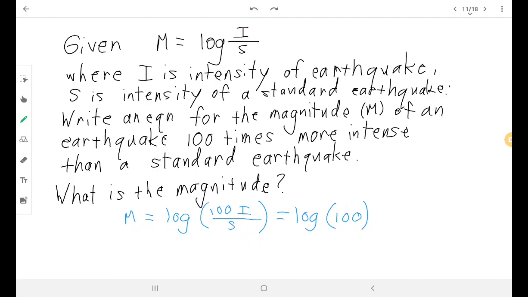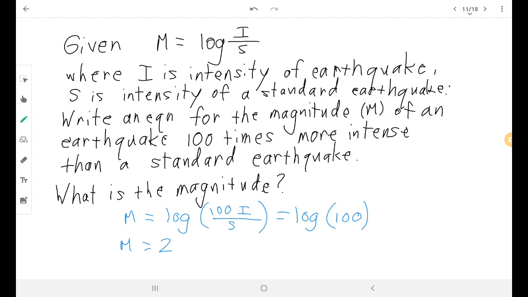And so the way you do this is you get on your calculator and you usually turn it into a scientific calculator. You find the common log button, which is the LOG button, and put in 100, and the common log of 100 is 2, turns out.